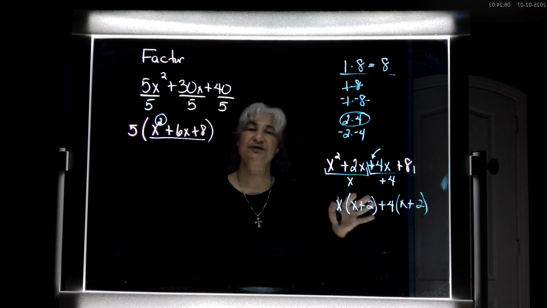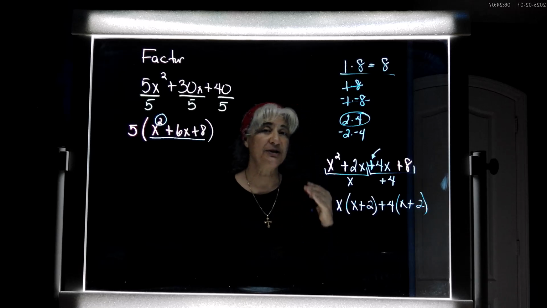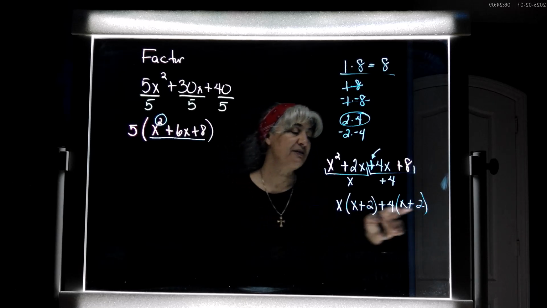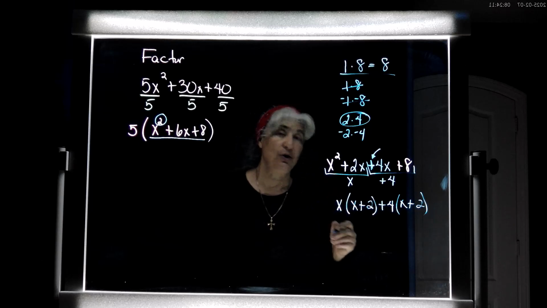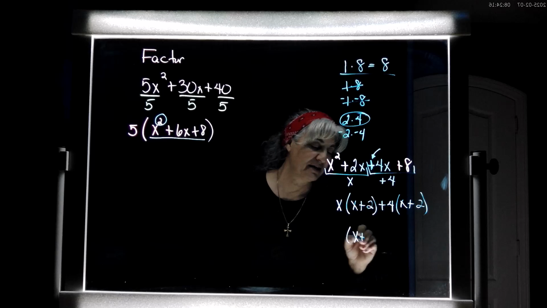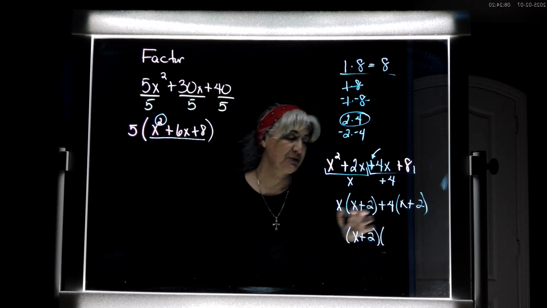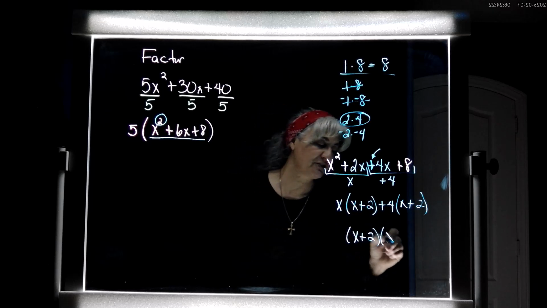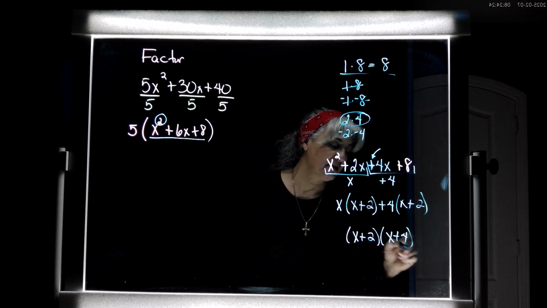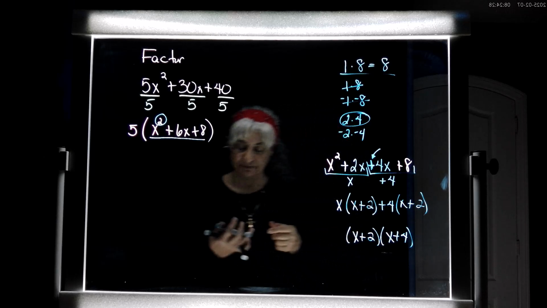And wonderful, this is working out exactly as it's supposed to. If it's going to factor, then the parentheses end up being the same, which in this case it is. So I know I'm on the right track, and the x plus 2, the parentheses, is going to factor out, which leaves me the remainder of x plus 4. Good?